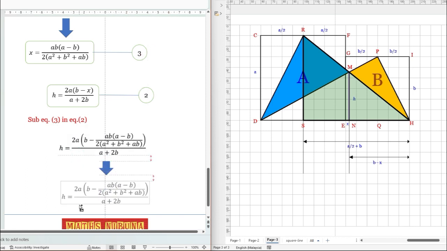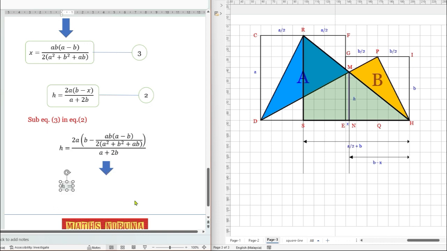because I already did it. Okay, h will be, sorry, ab times a plus b over a square plus b square plus ab. Okay, sorry, what happened here?